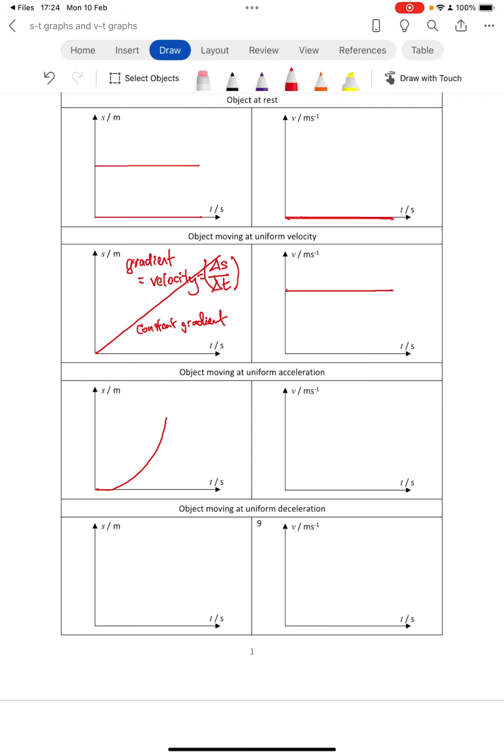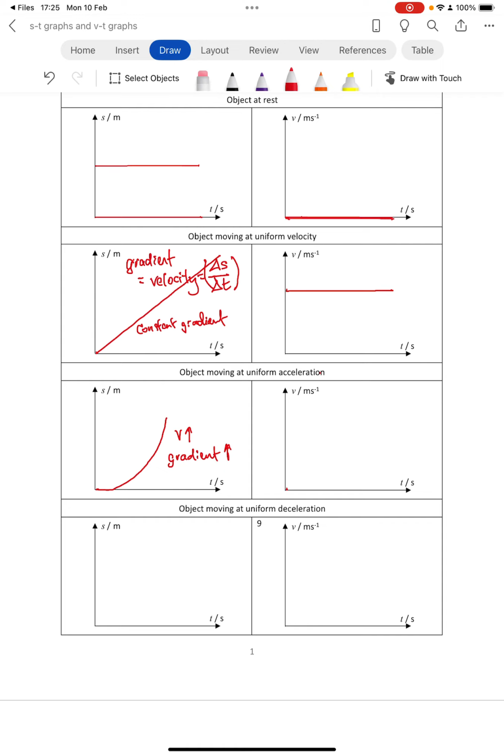From gentle to steeper slope. The gradient of a displacement time graph is velocity. So when the velocity increases, the gradient increases. So I write down here, velocity increases, gradient increases.